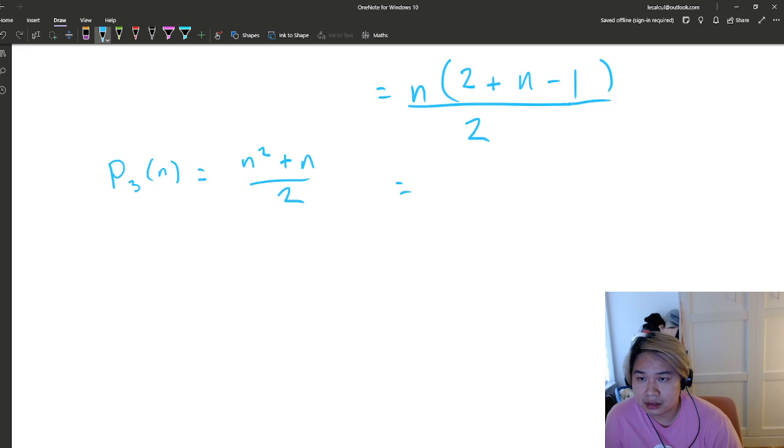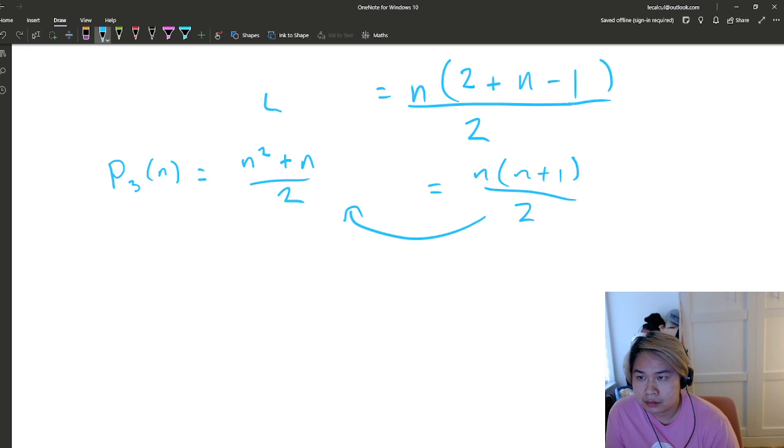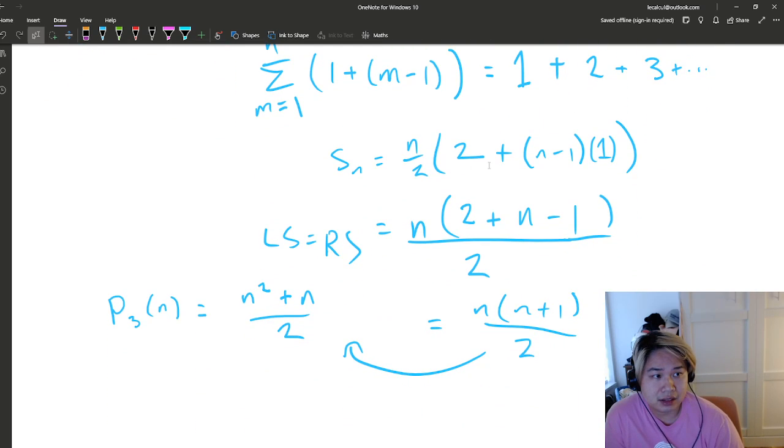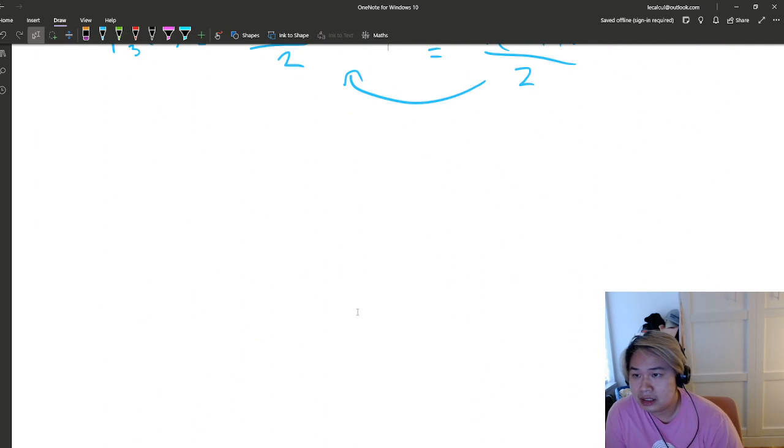Again, this is equal to the, there you go. My bad, my bad. Okay, yeah. So using the proper sum formula, simplify, and then you should get that left side equals right side, so we know it's true.